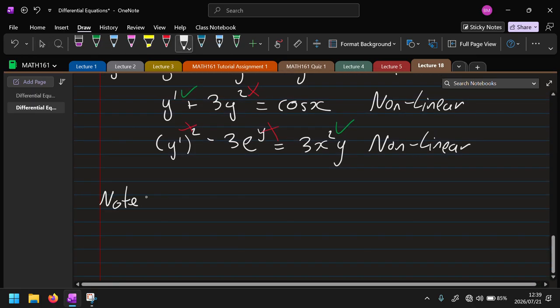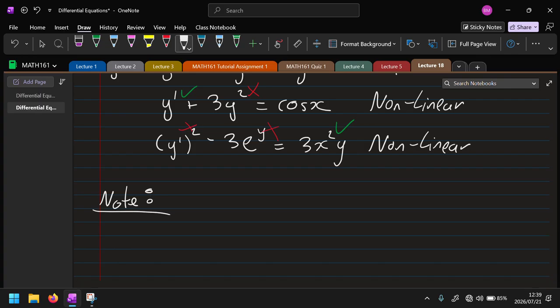Okay, and then just a note. Like I said earlier, we're only going to be focusing on the ODEs, the ordinary differential equations. We'll make it a little bit easier. We will only focus on first order ODEs. Now they might be linear, they might be non-linear, but they will be first order.